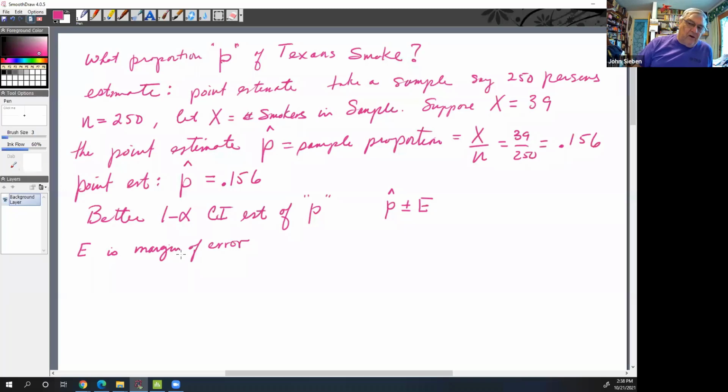Statisticians tend to call that the maximum error of the estimate, but the two mean exactly the same thing. Pollsters usually talk about the margin of error, and you see this in the news a lot, so I'm going to use margin of error.